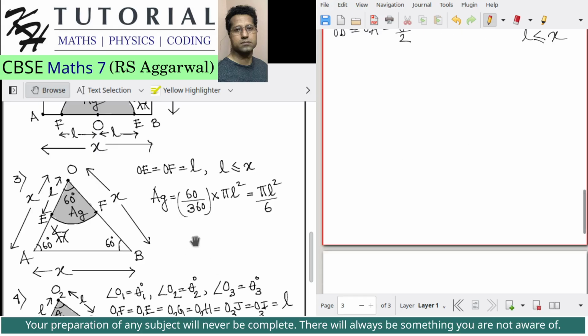So a very special case is that, let's say we are having a triangular, grassy plot, where the triangle is an equilateral triangle, and let's say the length of each side of the triangle is x.